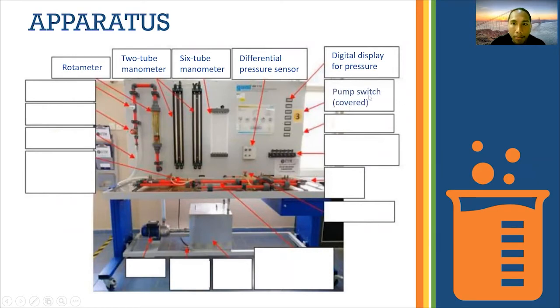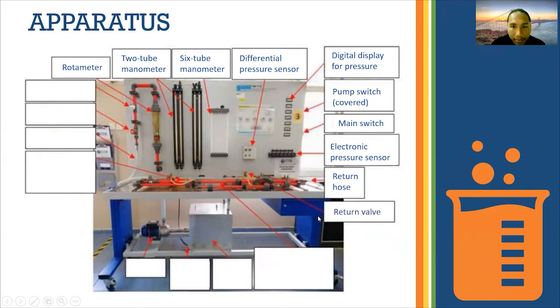Number six is the pump switch, covered behind the box. Number seven is the main switch, also covered at the side of the box. Number eight, electrical pressure sensor, this one. Number nine, return hose at the end of the pipe, this part.